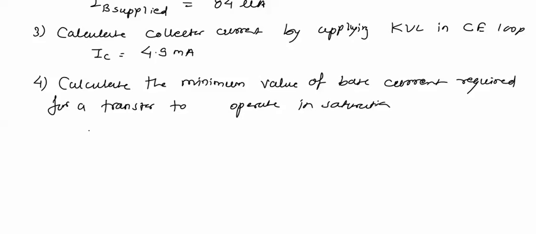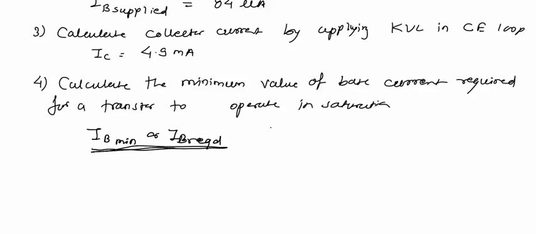This minimum base current is IB minimum, or IB required. See one thing, that this is not the actual flowing current, it is just a value which will be compared with the supplied current.